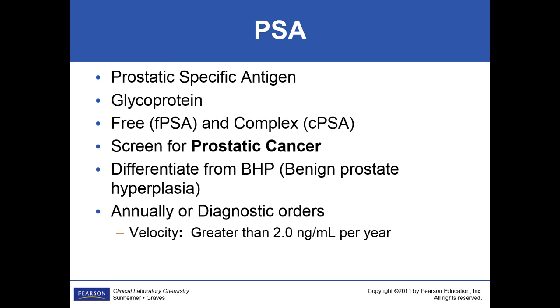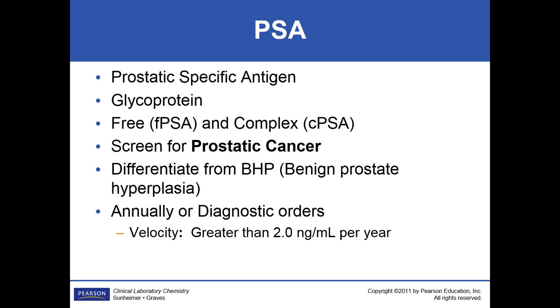They're normally done annually on men beginning at a certain age. And they're looking for a change, not specifically the figure of the final result, but a change of more than 2 nanograms per mL from year to year.